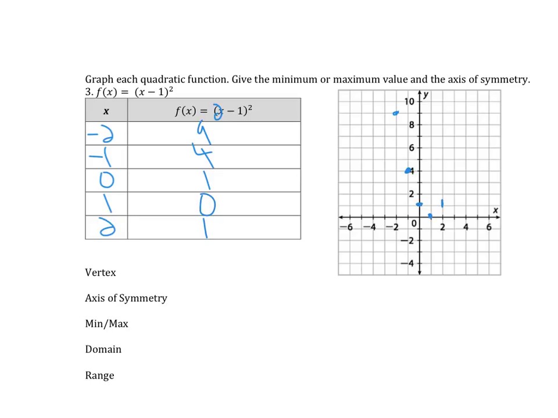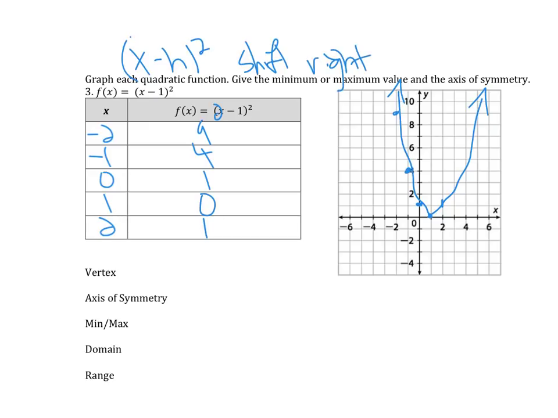So you can see that same shape is taking place, but now it is just shifted over. As we see, it is x minus 1, as we talked about, when it's x minus h, that is a shift to the right. So there's our shift to the right. We went over 1 to the right.